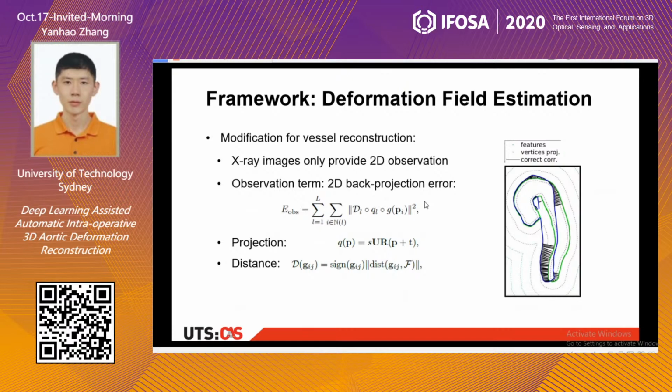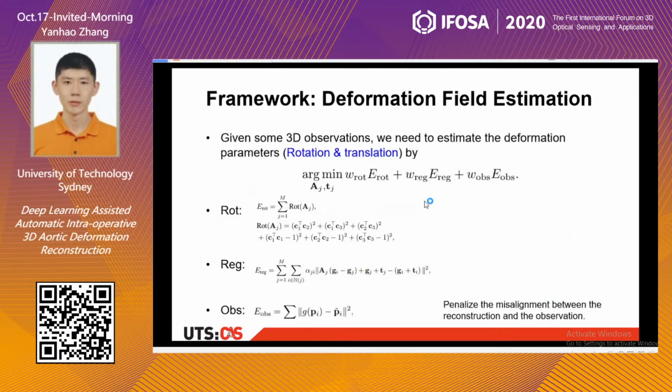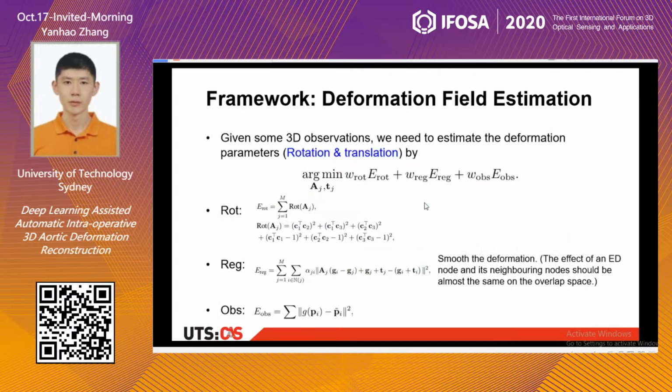So you have the rotational error, registration error and observation error, right? Yes. So to get these errors, you must have the node correspondence.